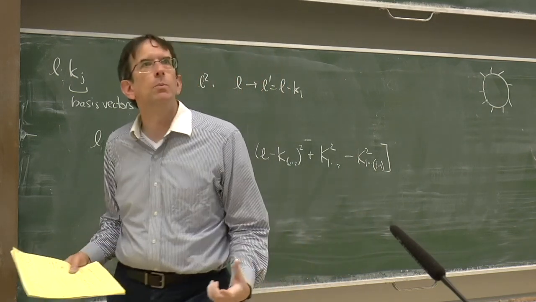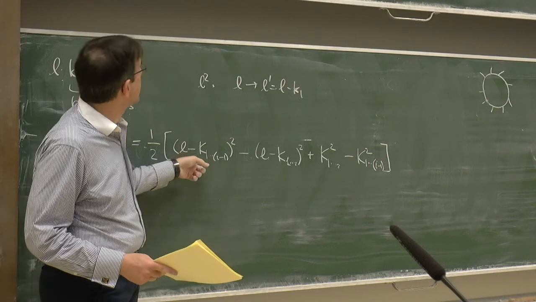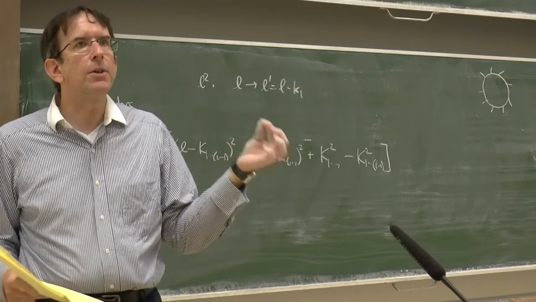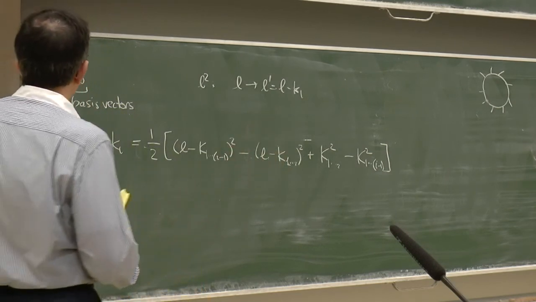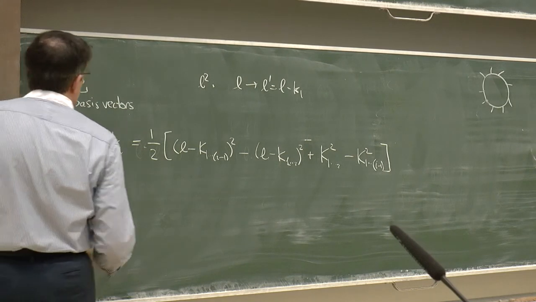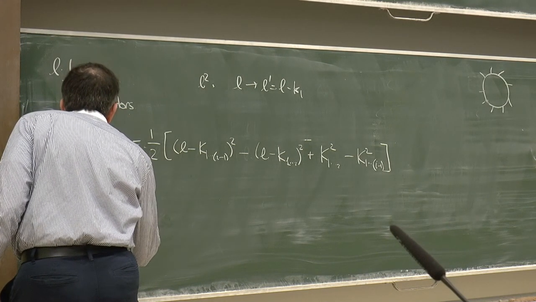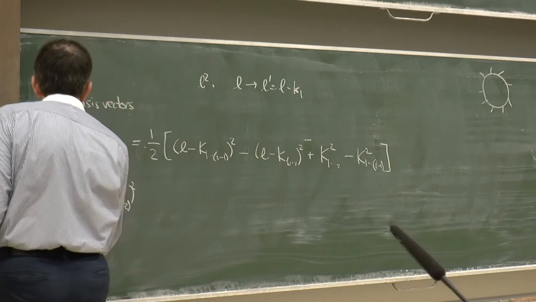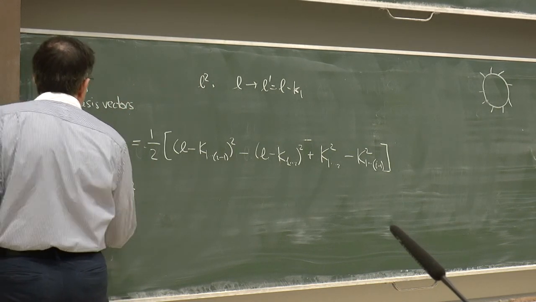What's going to happen? Well, this term, for example, is going to cancel some denominator. And so then that propagator is missing. So the only propagators we'll have then are going to be L minus K1 through I minus 2 squared. This is all, of course, in the denominator.